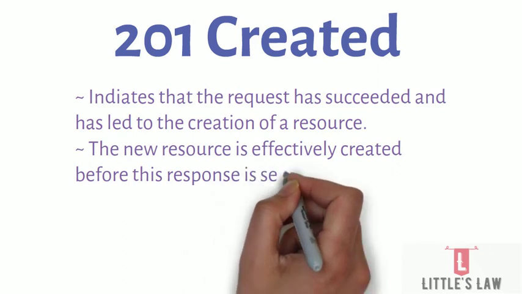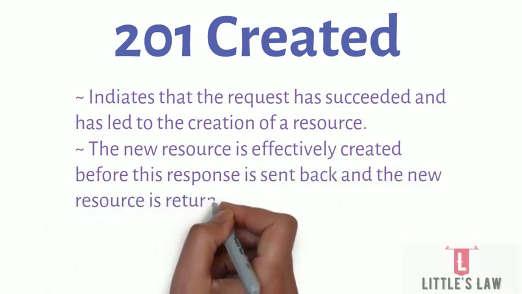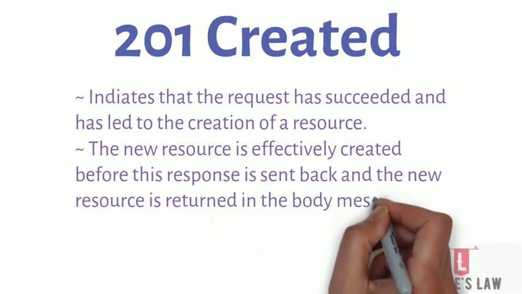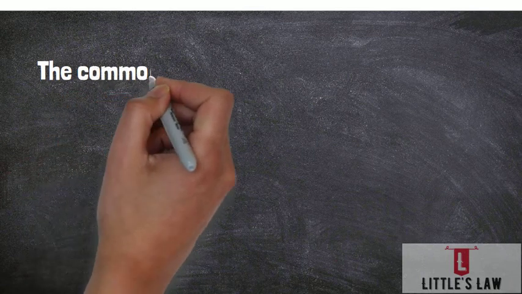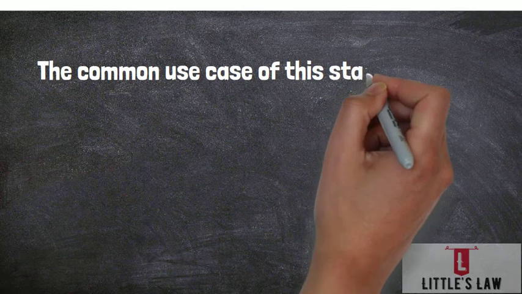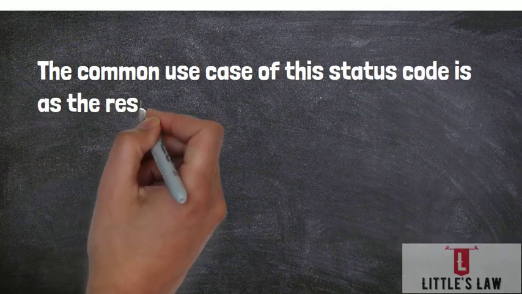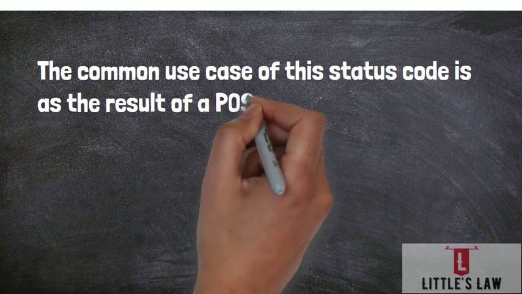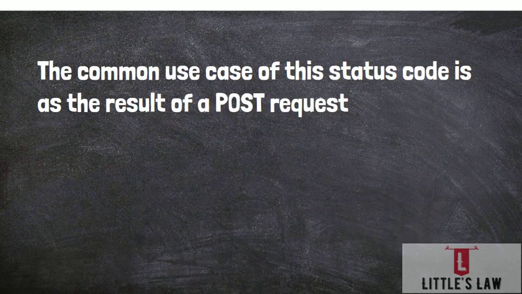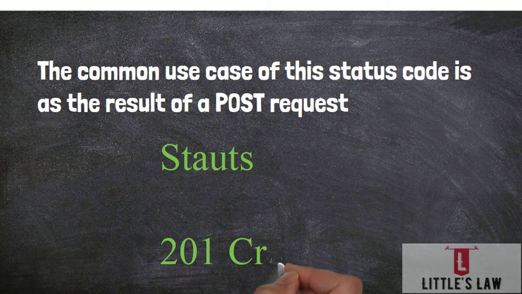The new resource is effectively created before this response is sent back, and the new resource is returned in the body of the message. The location is either the URL of the request or the content of the Location header. The common use case of this status code is as the result of a POST request. And the status is going to be 201 Created.